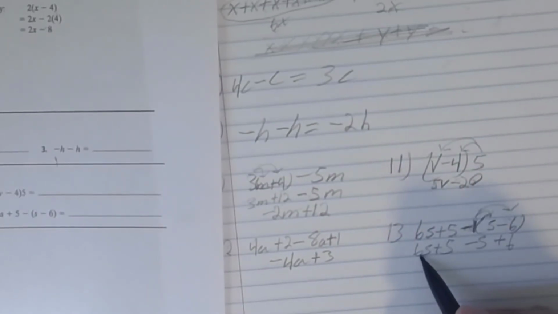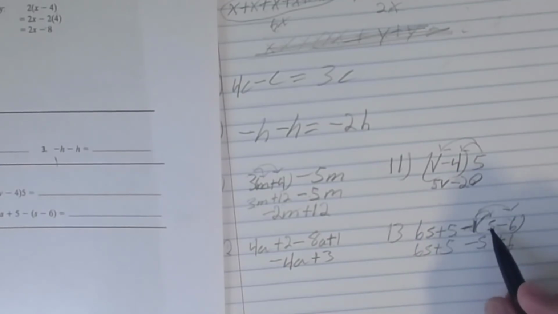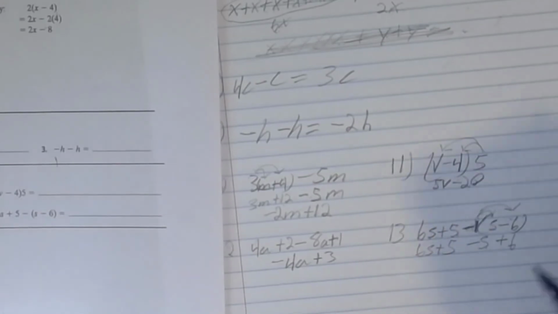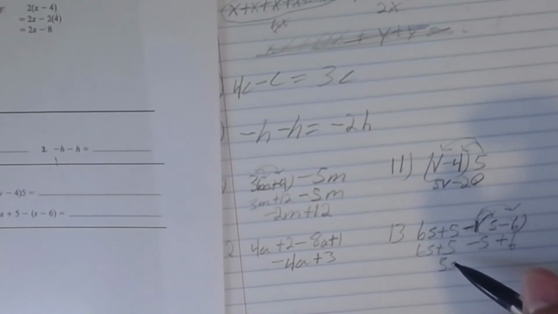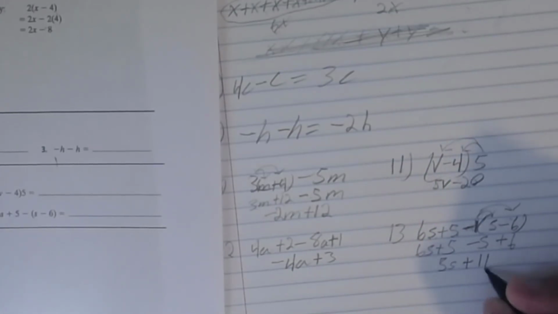So we have 6s minus s. If we would have done just s plus 6, we would have got a completely different answer. Now we have 6s minus s, that is 5s. Can we combine anything else? Well, there's a positive 5 and a positive 6, so we can combine those numbers. That is 11.